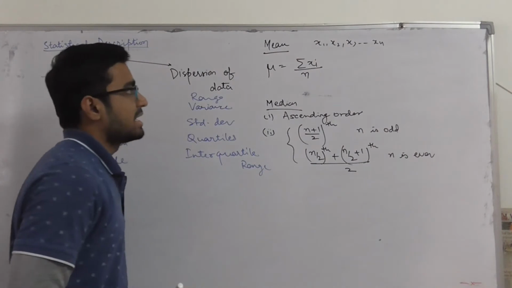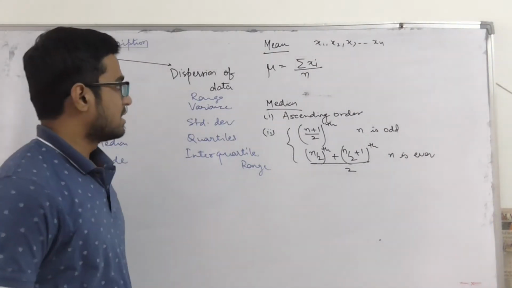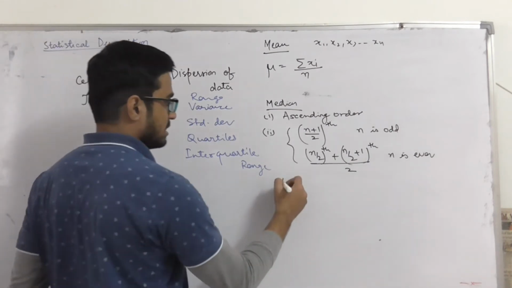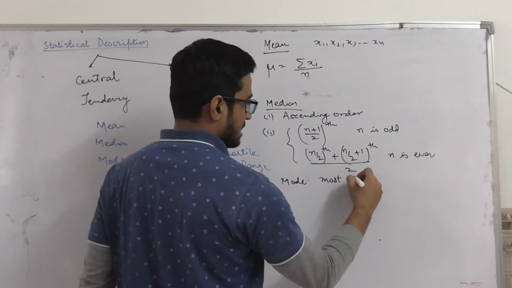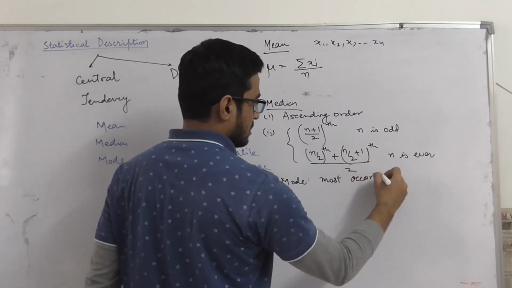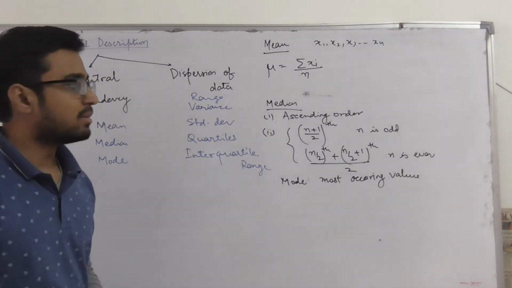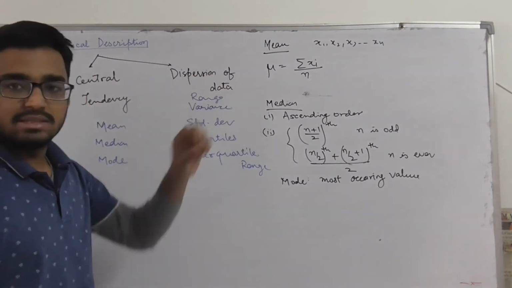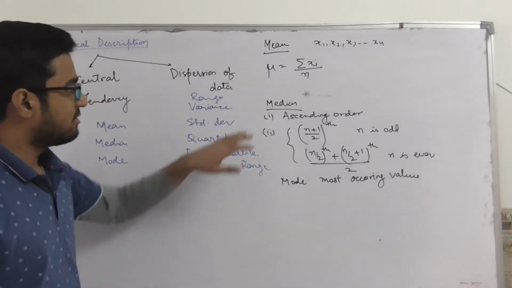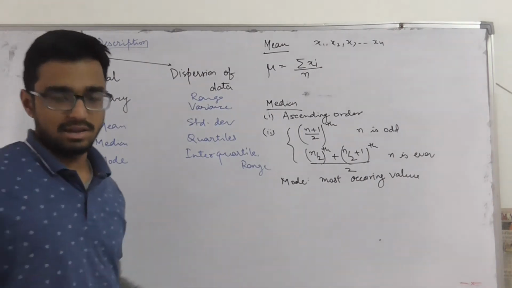This is how we get the median of the data. And the third one is the mode, that is the most occurring value in the data. So mean is the average, median is the central value of the data arranged in ascending order, and mode is the most frequently occurring value.